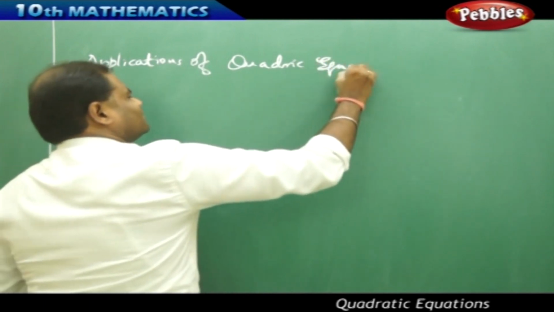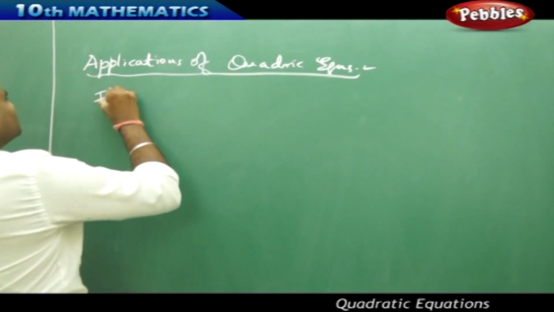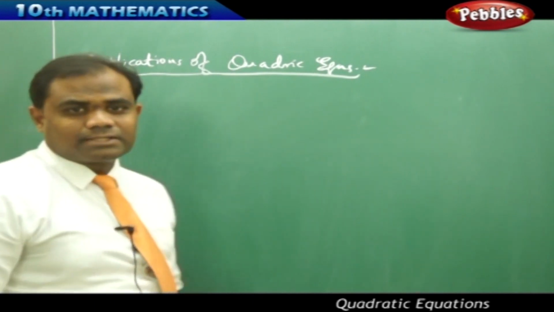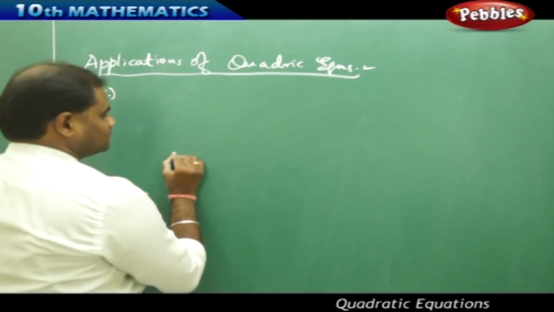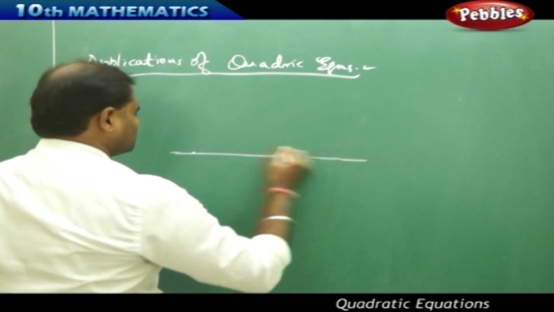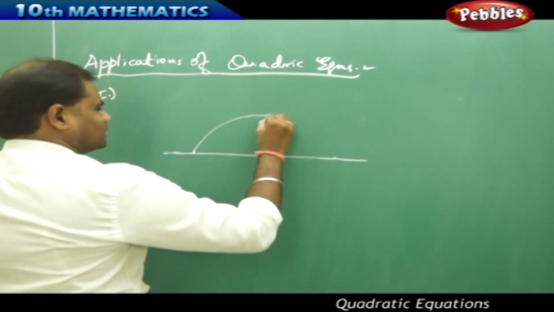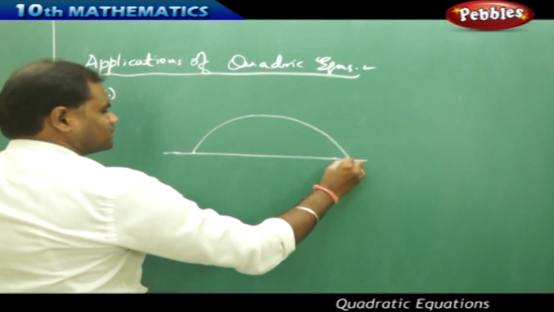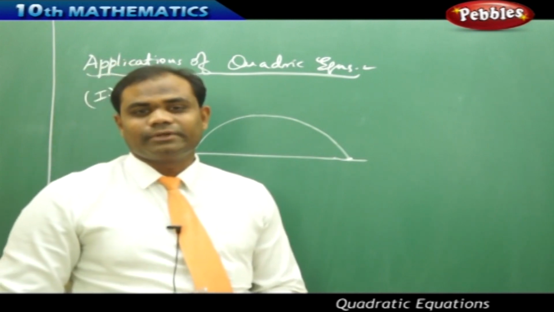Quadratic equations in daily life. Initially, for example, if I take a person standing here on the ground, and he throws a ball onto this side, then the ball tries to go in this shape, and this is said to be a quadratic equation.